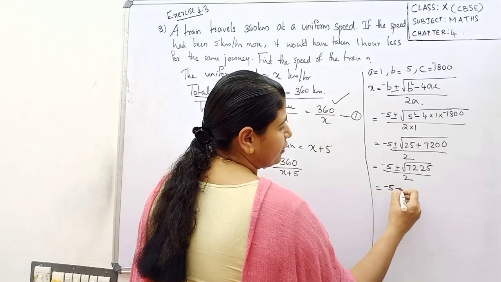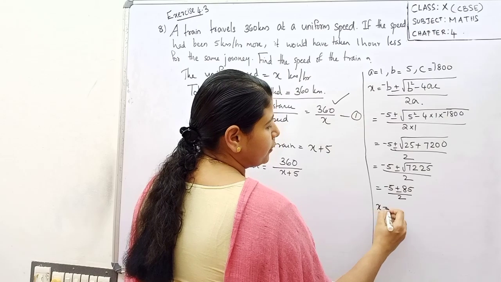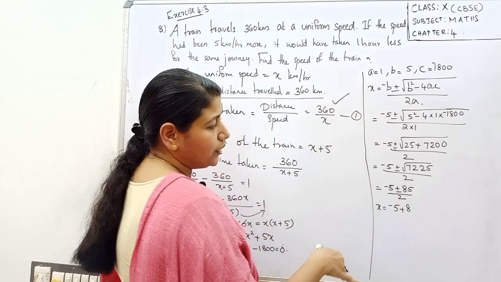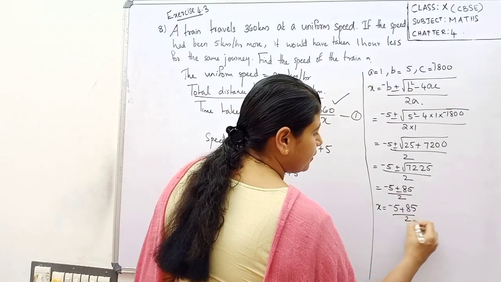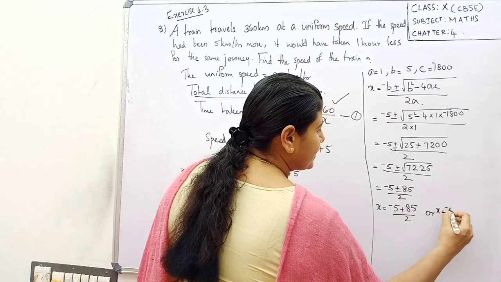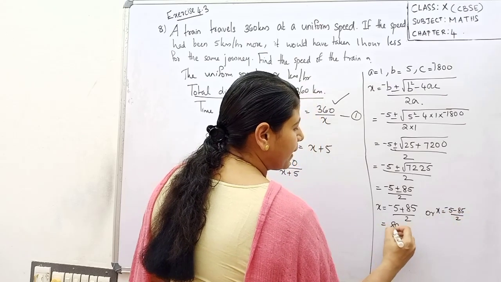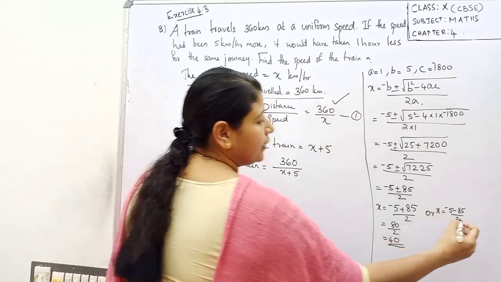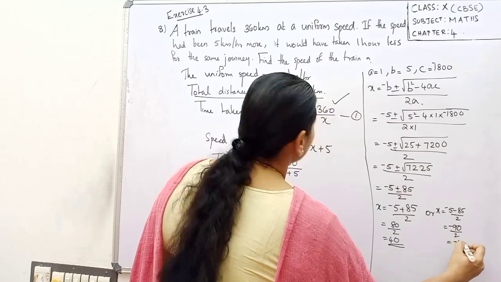So you can write negative 5 plus or minus 85 by 2. So our two solutions are negative 5 plus 85 by 2, or x equal to negative 5 minus 85 by 2. This is 80 by 2, which is equal to 40. And here it is negative 90 by 2, which is equal to negative 45.